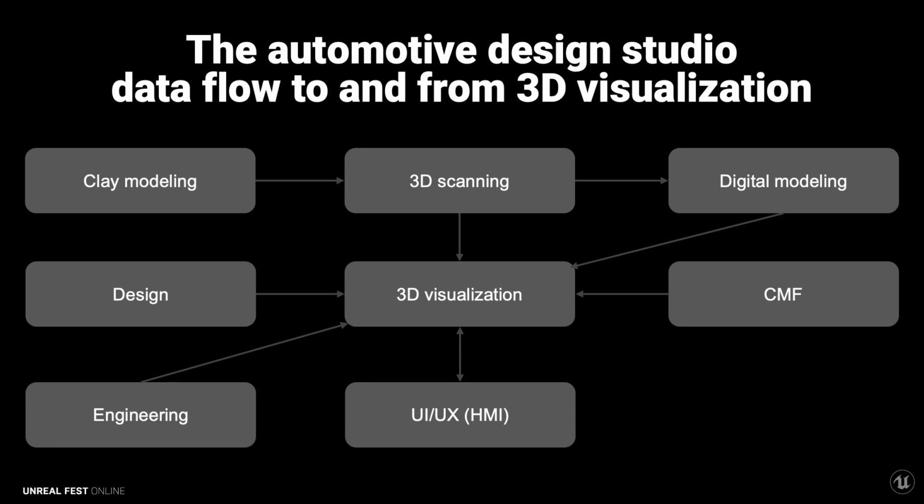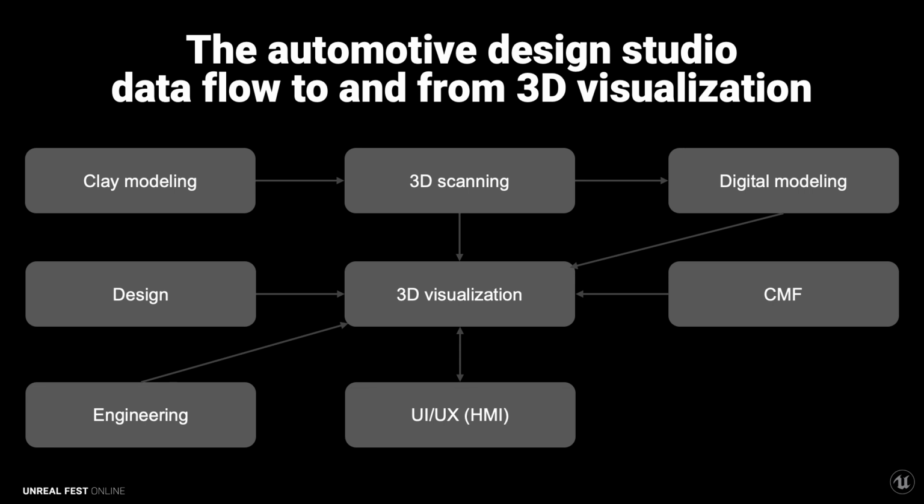This data gets scanned by the 3D scanning team, and they use very, very high accuracy scanners that generate very dense point clouds. These point clouds are sometimes sent to the visualization team, but a lot of times they're sent to the digital modeling team, which would create surfaces using this point cloud as a guide.